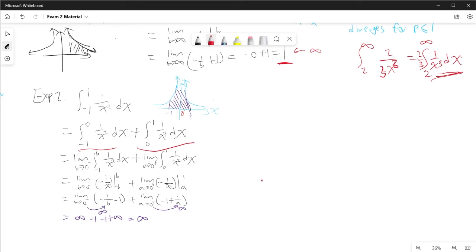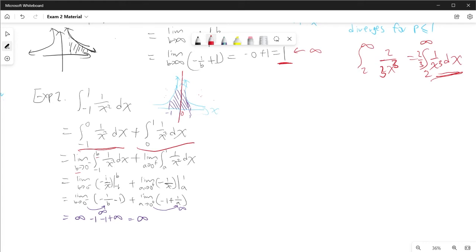But for the sake of doing this, we can split it into -1 to 0 and 0 to 1, spreading this apart. So we have an undefined point in the middle, but we can say it has 2 parts to this improper integral, and then we replace 1 with b from the negative side.